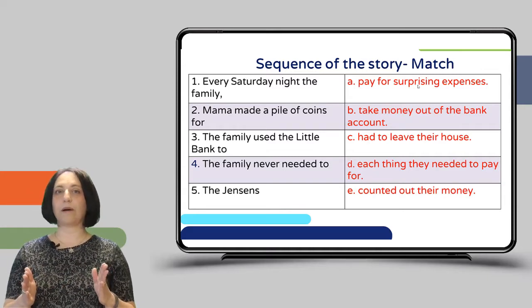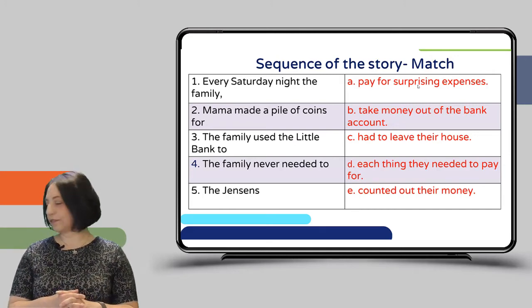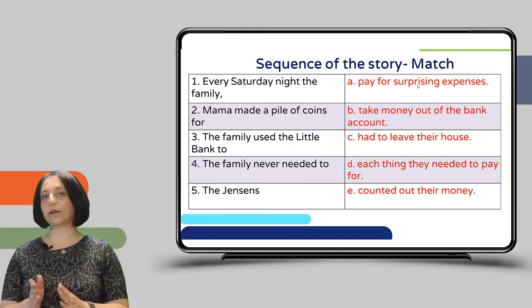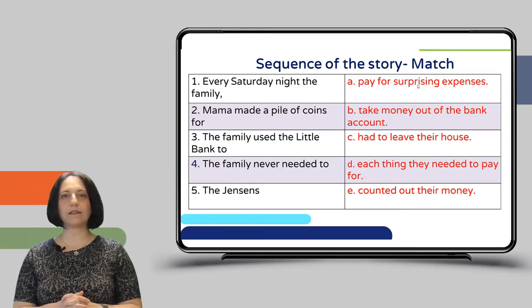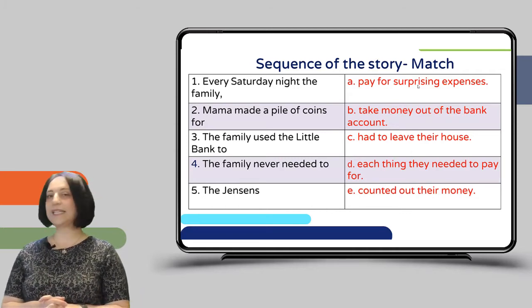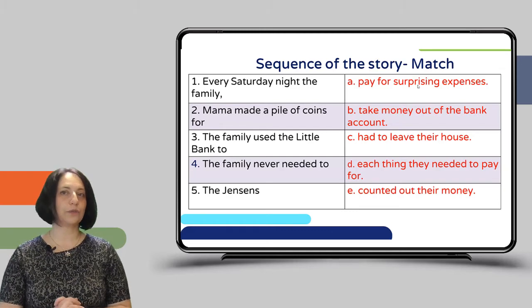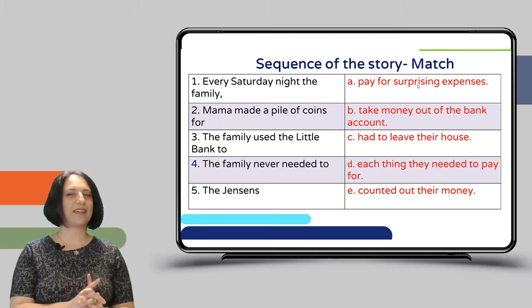Who did she make the pile of coins for? The family used the little bank to. Do you remember what she used the little bank for? The family never needed to. Maybe because of the little bank. What didn't they need to do?